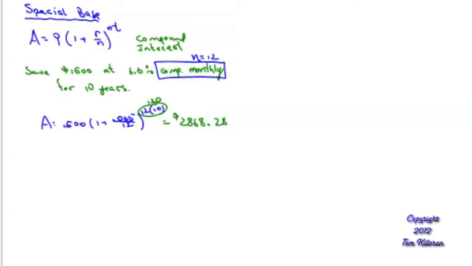Okay, what happens if I take n and let it equal 365? Should it give me a larger answer?